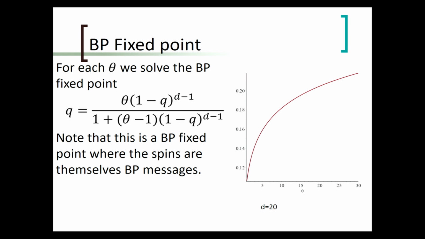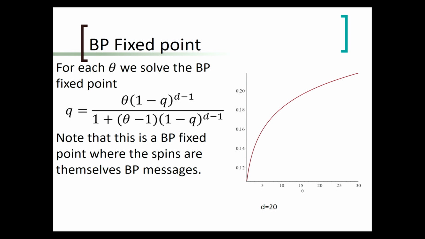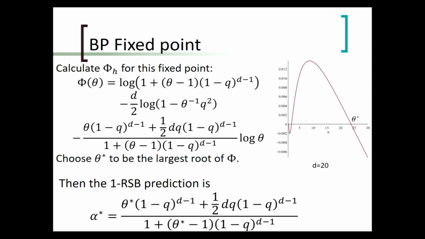And so we want to calculate the expected number of these. So you solve the belief propagation equation. For each value of theta, there will be a Q, and Q is going to correspond to the probability of a message being 1. So for a particular theta, you have this weighted model, and for each theta, there will be a particular density of the independent set you get out of that.